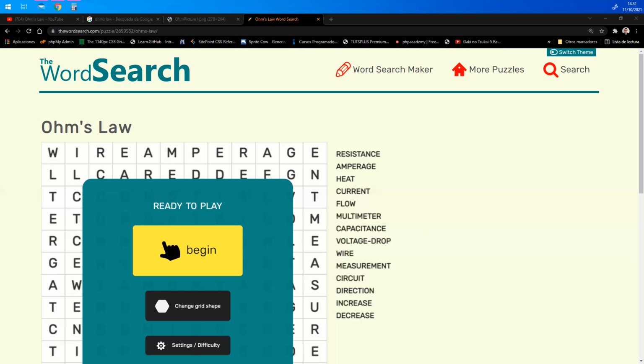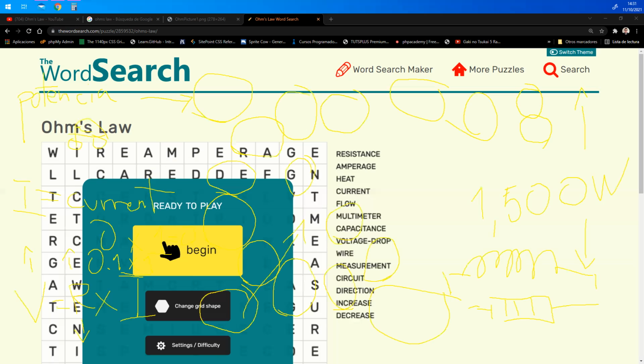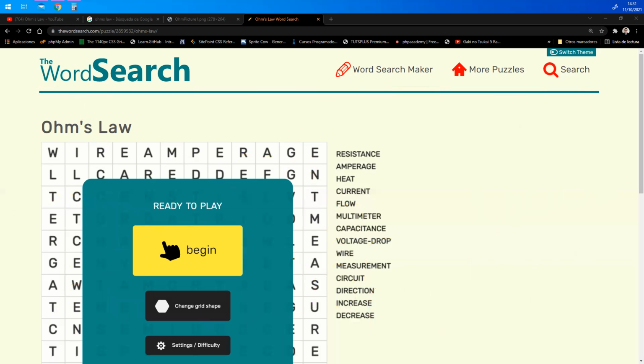Miren, cuando lo quiero pronunciar, circuit, ya no digo la U. No digo circuit, ¿verdad? Y con K, ¿verdad? Más hacia la K. Direction. Circuit, circuito, measurement, medida.